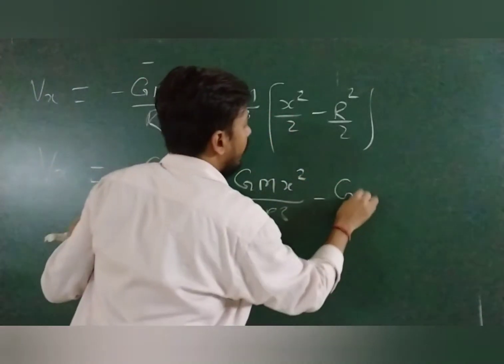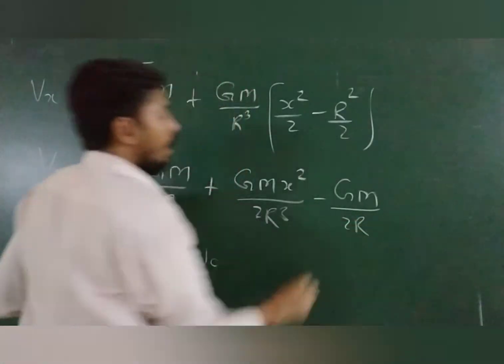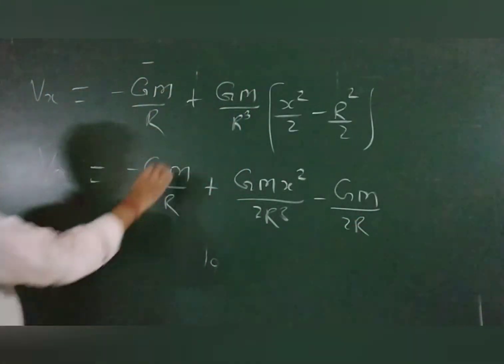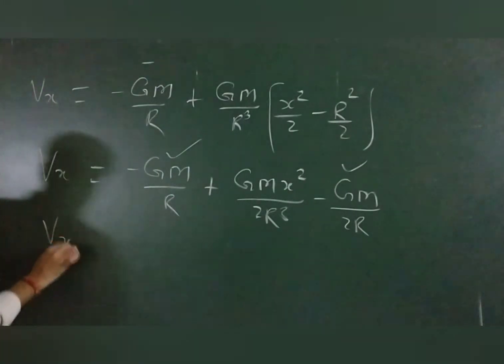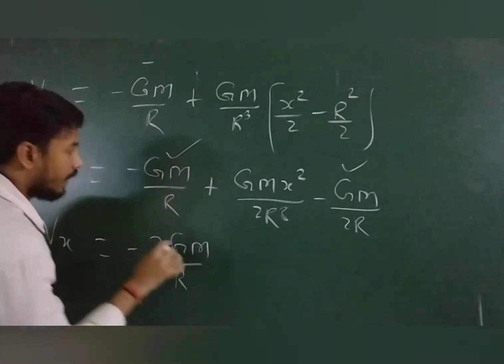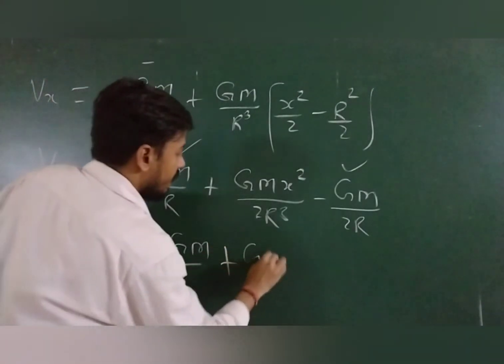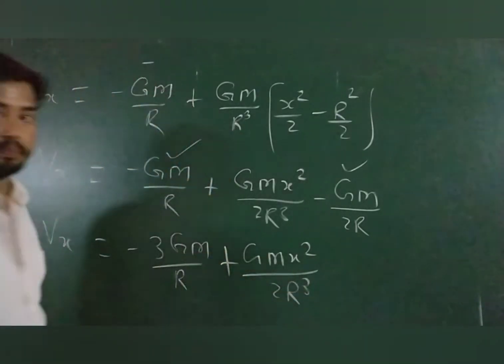So this becomes minus Gm; R square gets cancelled, 2R, minus Gm by 2R. Add these two equations. So Vx comes out as minus 3Gm by R, plus Gm x square by 2R cube.